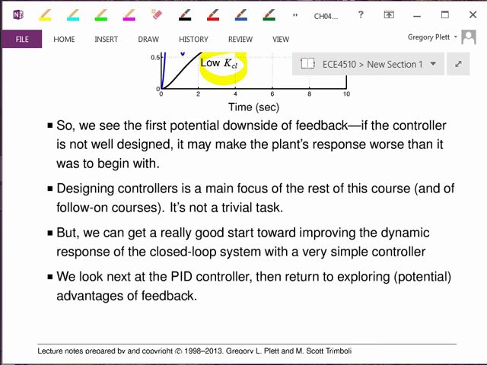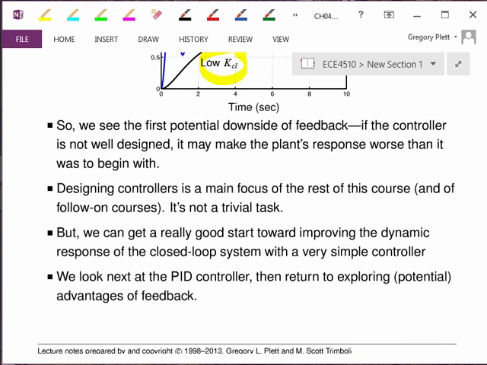If you remember the end of Chapter 1, we listed that just at this university we have 9 particular courses in feedback control. So it's a very broad subject area, and there are even other areas that we haven't designed courses for yet. So this is not a trivial task, but we will be able to design really good controllers by the time you're done with this course.